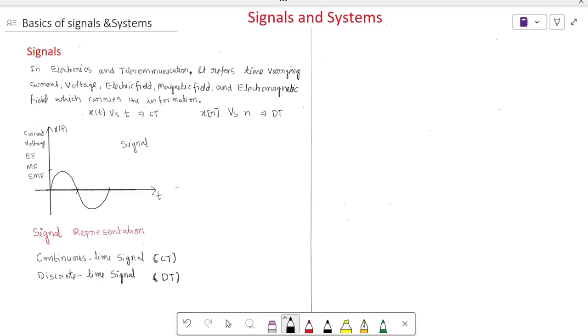So here we will discuss what is a continuous time signal and what is a discrete time signal. The first one, continuous time signal.